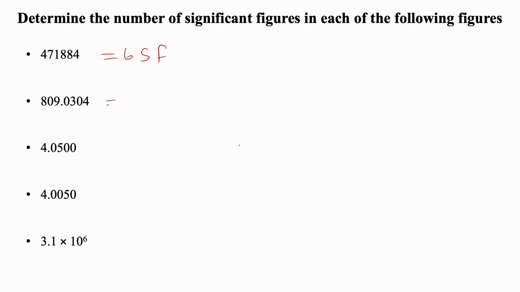In the next example, the zeros are between non-zero digits. Therefore, you have to count all the zeros as significant. Therefore, you have 7 significant figures in this number. That includes 8, 0, 9, 0 after the decimal place, 3, 0 and 4.